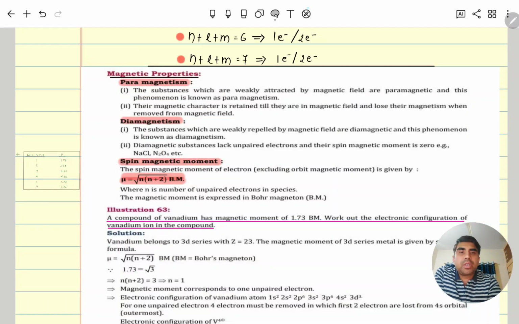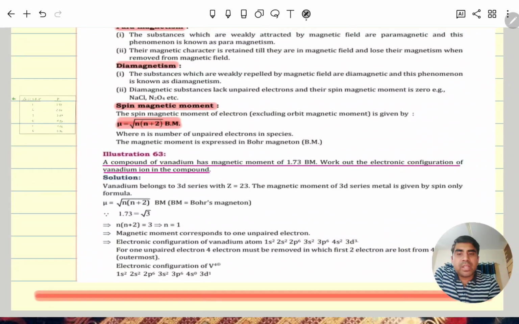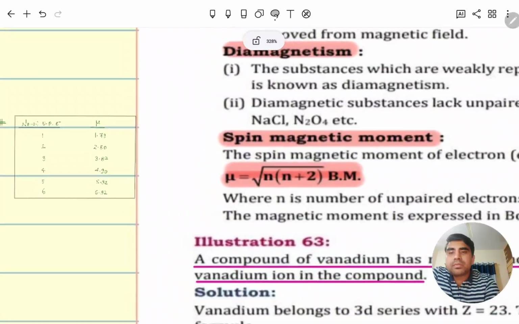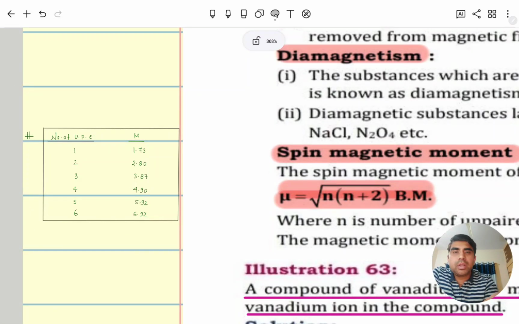Here one question is given where the magnetic moment is 1.73, so we can equate with this. So the number of unpaired electrons n value will be 1. You can remember this: if unpaired electron is 1, mu value will be 1.73.